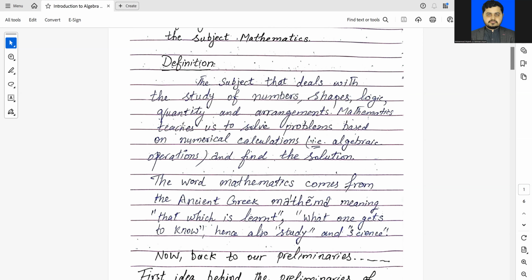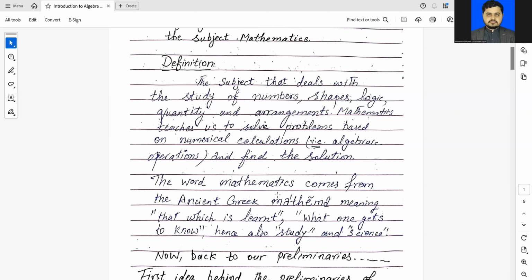Mathematics teaches us to solve problems based on numerical calculations, such as algebraic expressions, algebraic operations like addition, subtraction, multiplication, division. And after applying those algebraic operations, we can find the solution to a particular numerical problem.